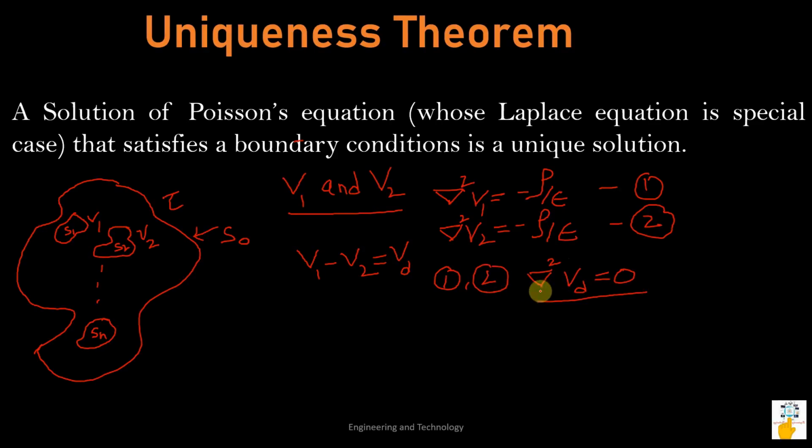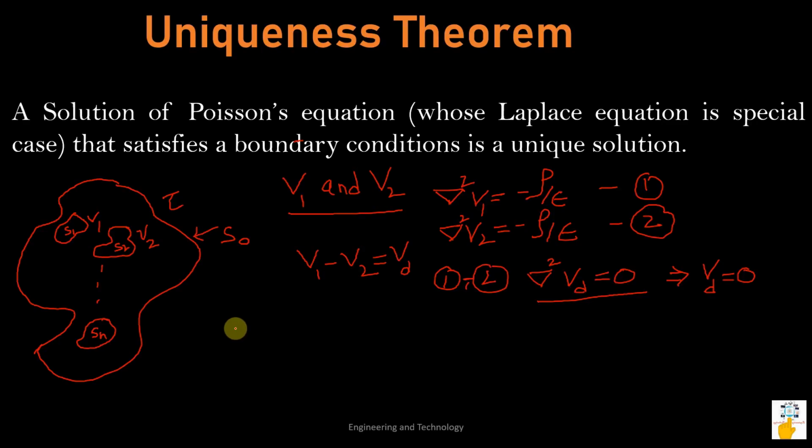And Vd is equal to 0 on the conducting boundaries, that is, the potential difference on the conducting boundaries is 0.